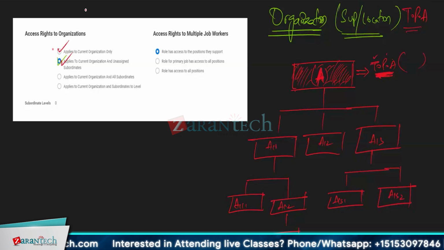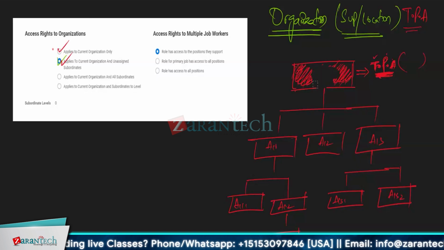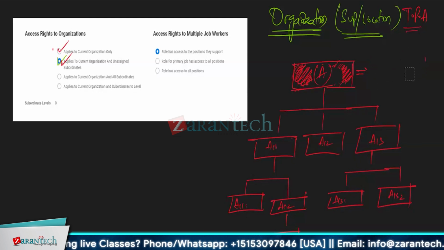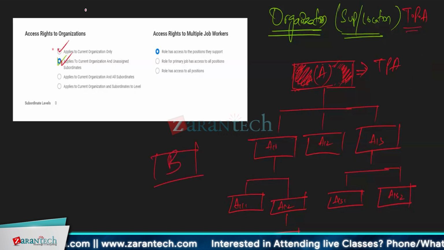If I assign this security, the time profile approver, on this particular supervisory org, I will have access to this supervisory org as well as all the unassigned organizations.